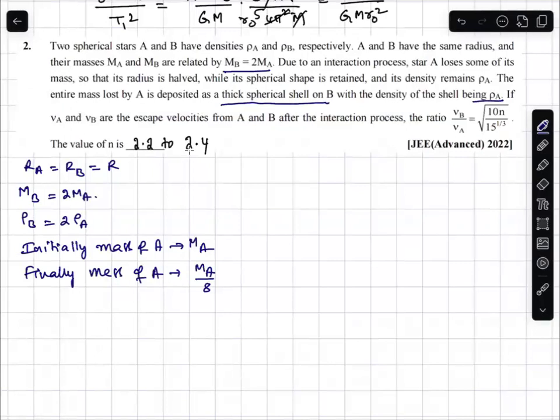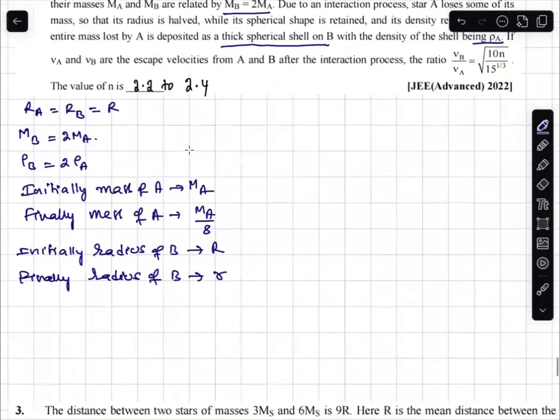A ratio. Hold on. Now, please try to understand this. Initially, radius of B is R. Finally, radius of B will become, say, small r.